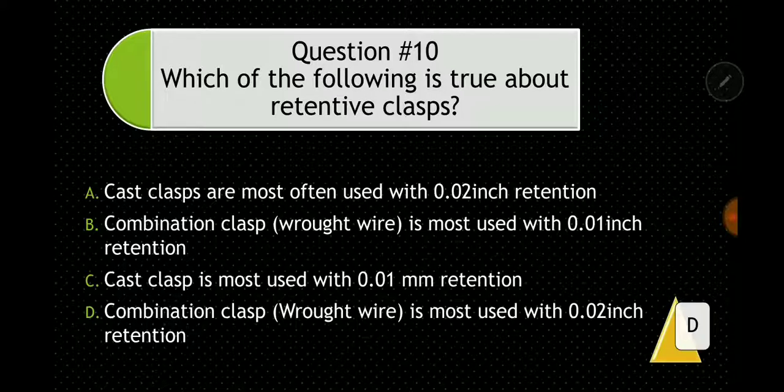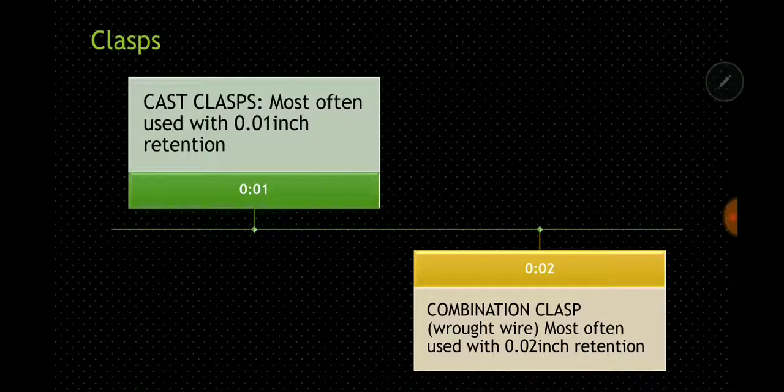You have to make sure you know the dimensions and indications of a wrought wire, which is also the combination clasp. The cast clasps are most used with 0.01 inches. Also know the units they like to use: it's not millimeters, it's not centimeters, it's inches.